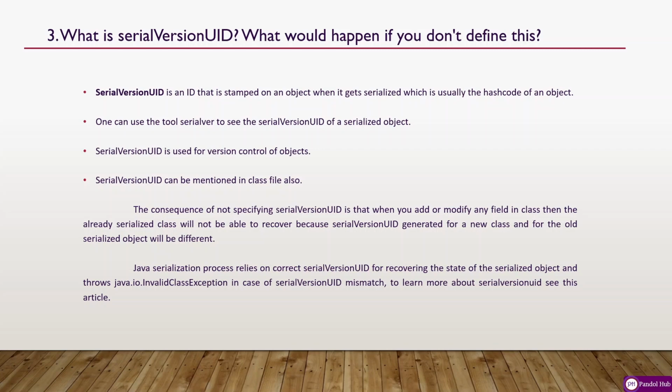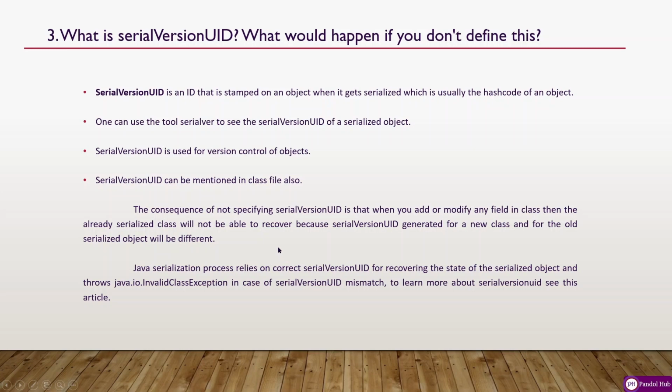In that case, both serialized objects have different UIDs and different versions, which implies that there has been a change in the class. The Java serialization process relies on the correct serial version UID for recovering the state of the serialized object, and throws an invalid class exception in case of a serial version UID mismatch.